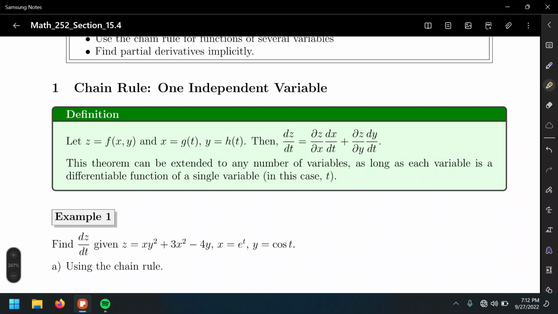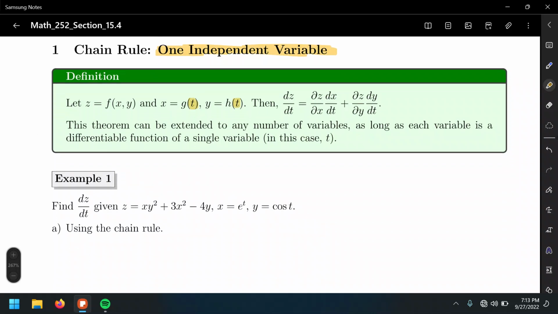For now we're going to look at a case in which we have only one independent variable, g of t. But of course we can extend this to many more variables, as we will see later.